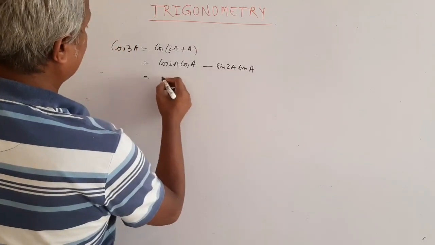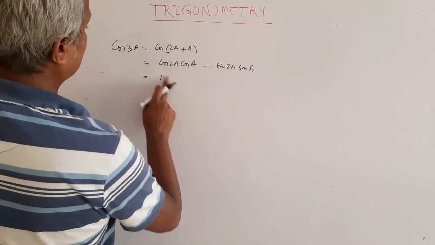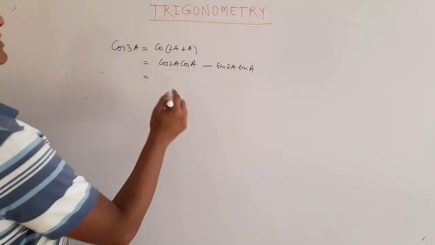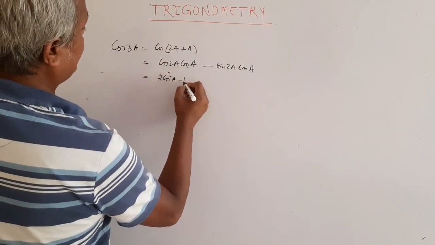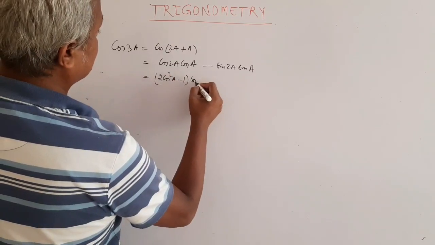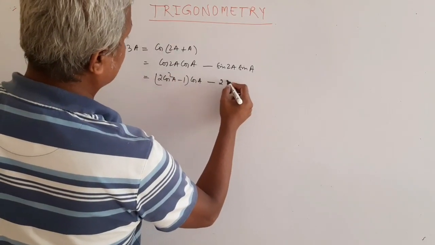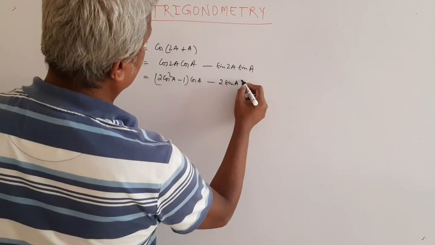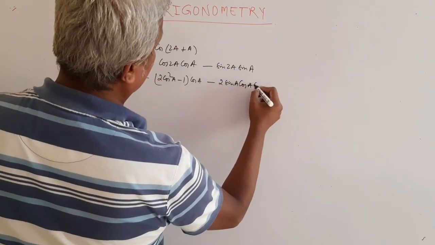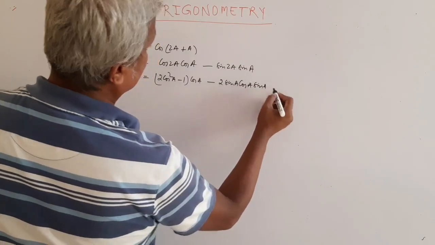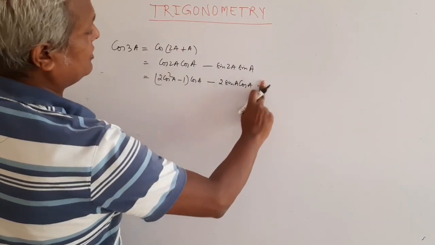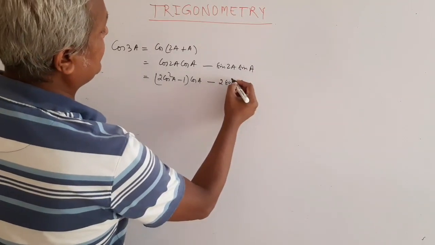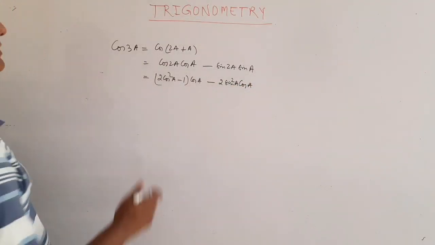So for cos 2a, I want to convert everything in cos, so I'll use this formula, 2 cos square a minus 1, cos a, minus 2 sine a cos a and sine a, because sine 2a is 2 sine a cos a and sine a as it is. So now I don't need this sine a here, I will write it as sine square a.